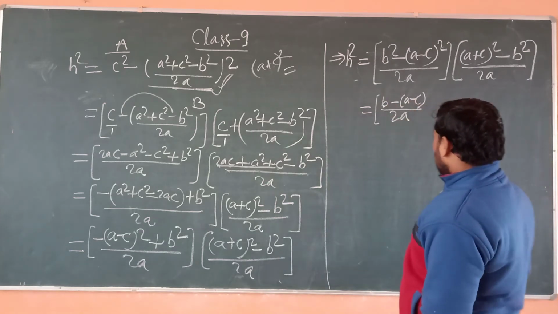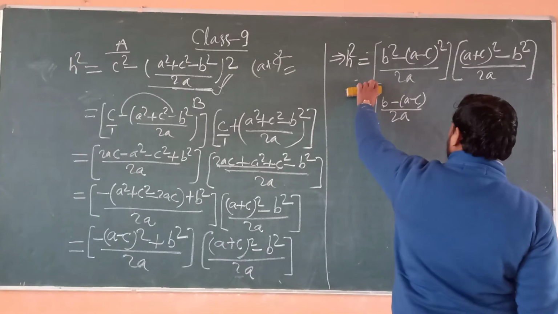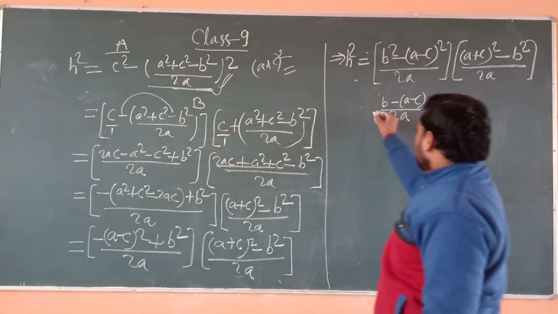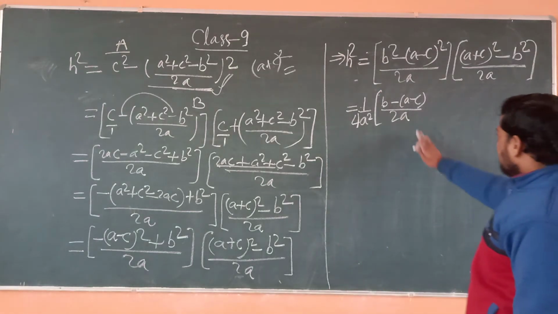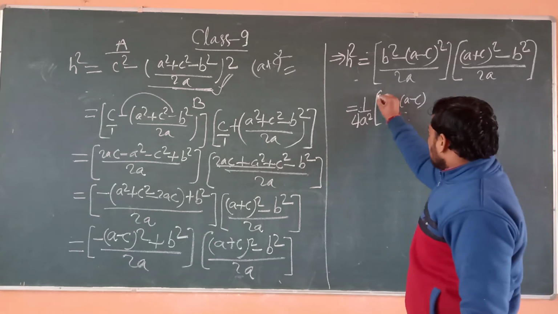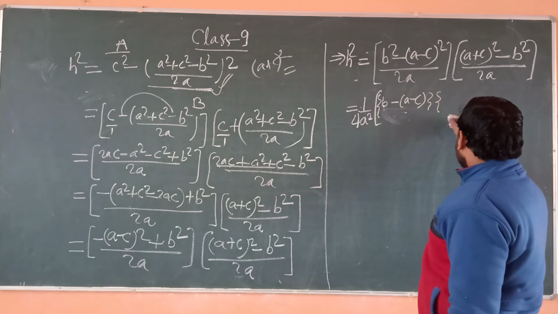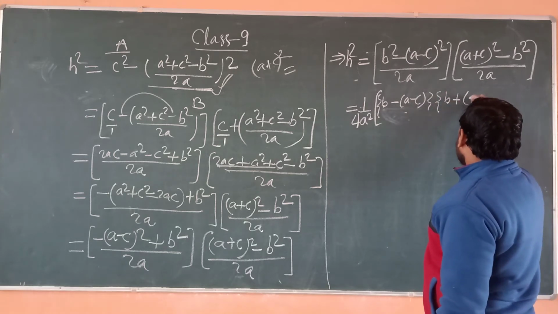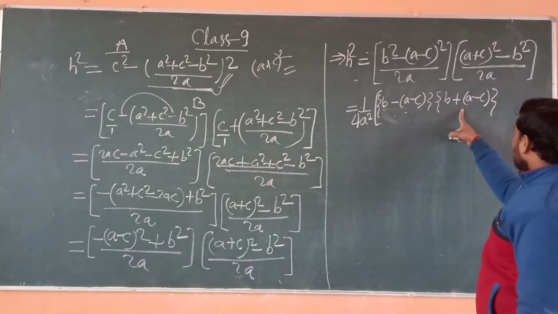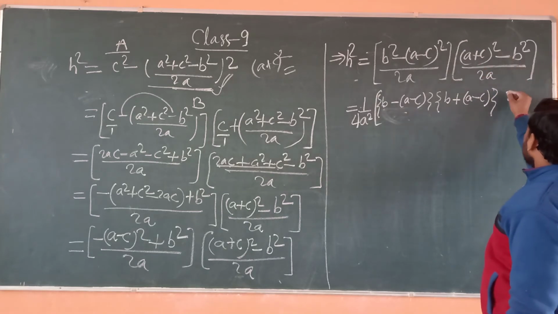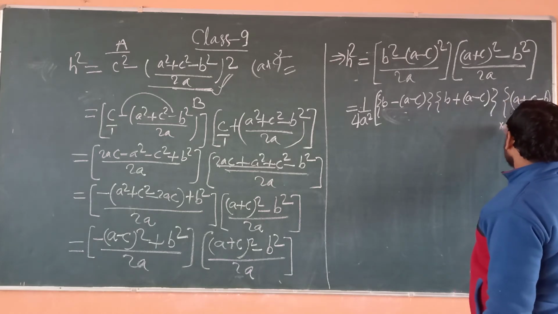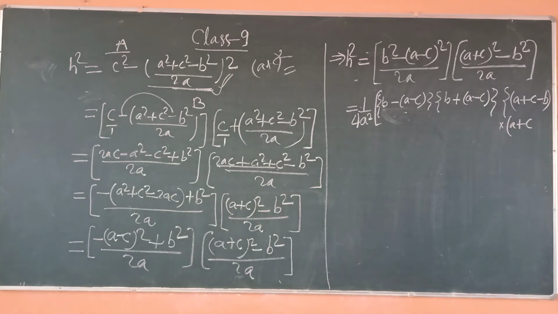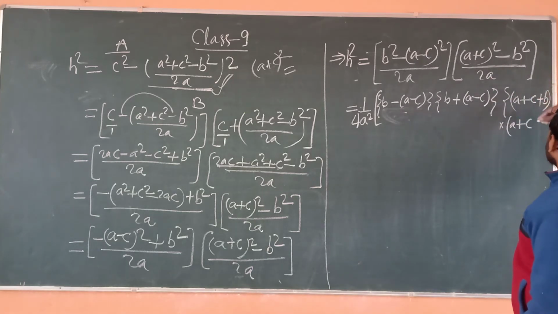See, 1 upon 2a into 1 upon 2a, 1 upon 4a square, into a plus b, into a minus b, into a minus b, a plus c, a plus b, then a minus b.